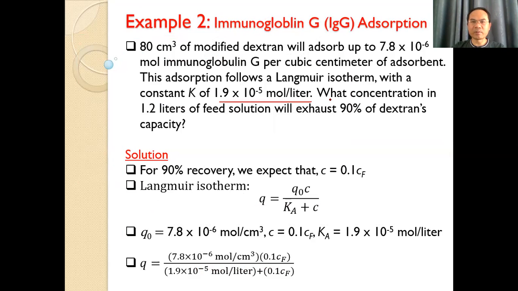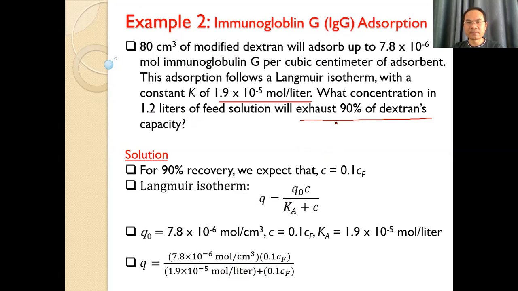The question is what concentration in 1.2 liters of feed solution will have 90% of the dextran capacity, that is, 90% recovery. From the problem statement, we would like to achieve 90% recovery.